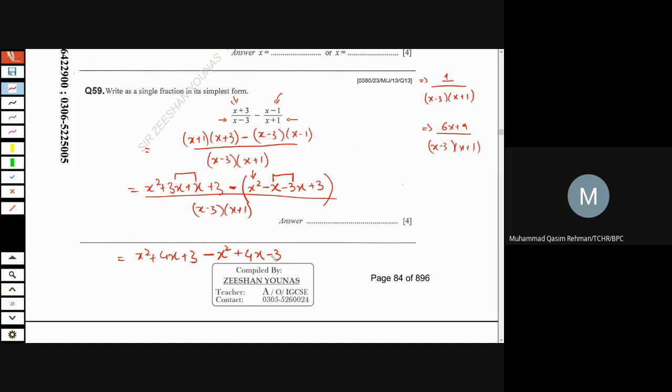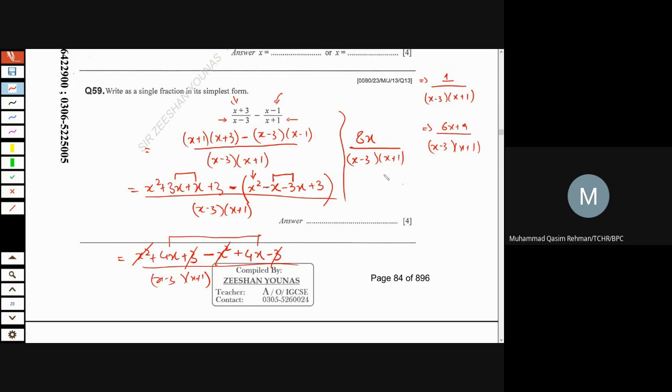Once I open the bracket, this will be minus 3. Okay, now x squared cancels out with x squared. Then I have 4x plus 4x as 8x. And then plus 3 minus 3 cancels out. So I'm left with 8x over x minus 3 times x plus 1.